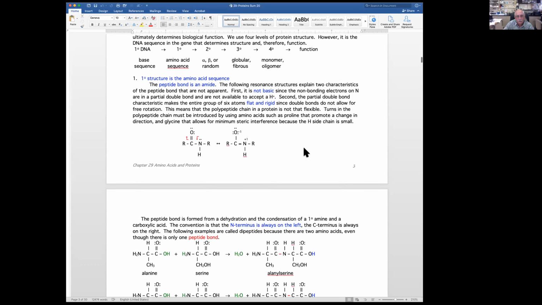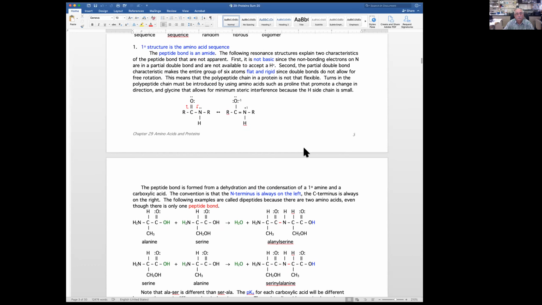So let's look a little bit closer at primary structure. The peptide bond is an amide bond. First of all, we need to understand that amides are not basic, because I take that nonbonding electron pair on the nitrogen, swing it into this double bond right here, then chase those pi electrons back up onto the oxygen.